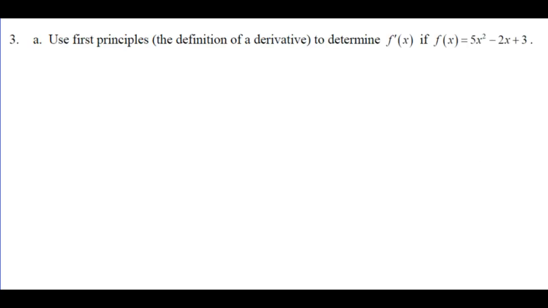3a, is it next? Yes, use first principles. Definition of derivative, given f of x is 5x squared minus 2x plus 3, find f prime of x. So I think I said we were done with this. We're not done with this.